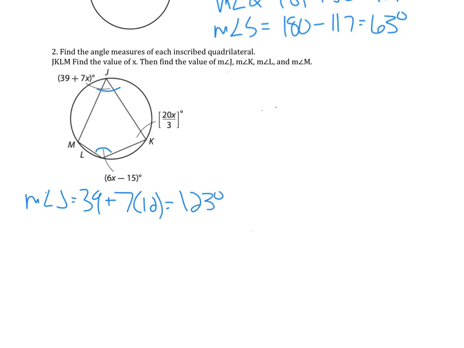And then we'll do measure of angle L, keep our supplementary ones together, equals 6 times 12 minus 15. 6 times 12 is 72. And then we subtract 15, and that gives us 57 degrees, which when we add those together gives us 180. So we're good.